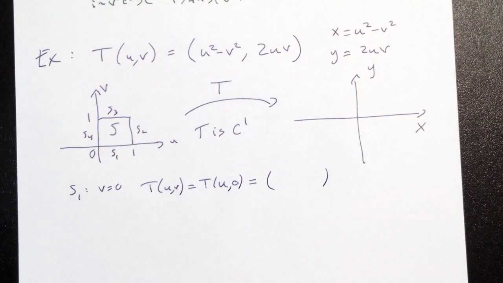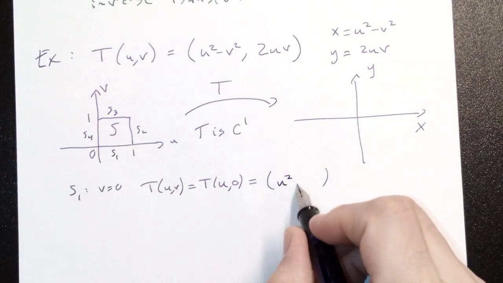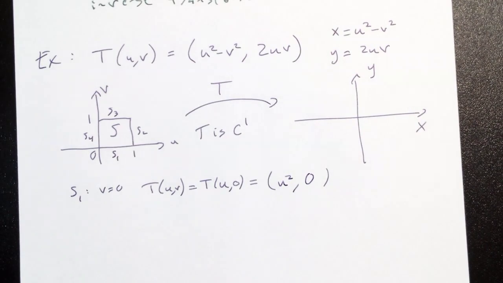What happens then? Well, I put in V equals 0 to those points up there, right? And I get U squared minus 0. And 2U times 0, well, that's always 0. What do I know about the values of U on this side, on side one?